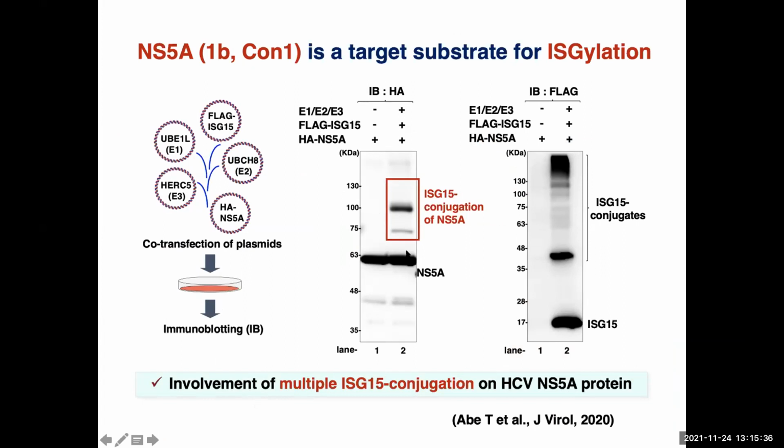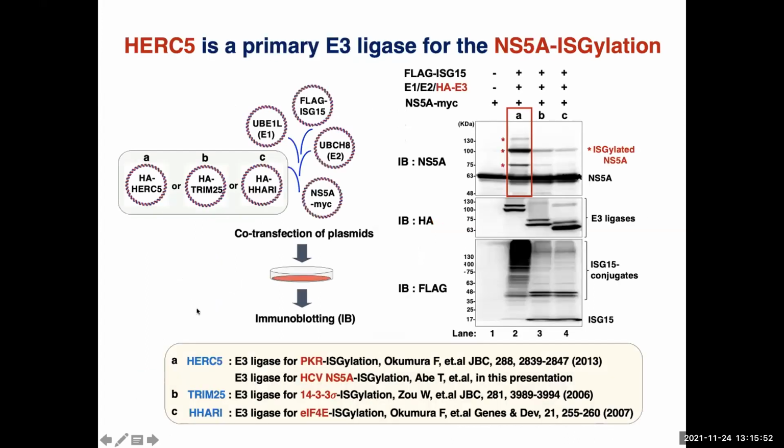So the slowly migrating, ISG15-conjugated form of NS5A was detected if you put in the important factors for ISGylation. There are 3 known E3 ligases for ISGylation: HERC5, TRIM25, and HHARI.